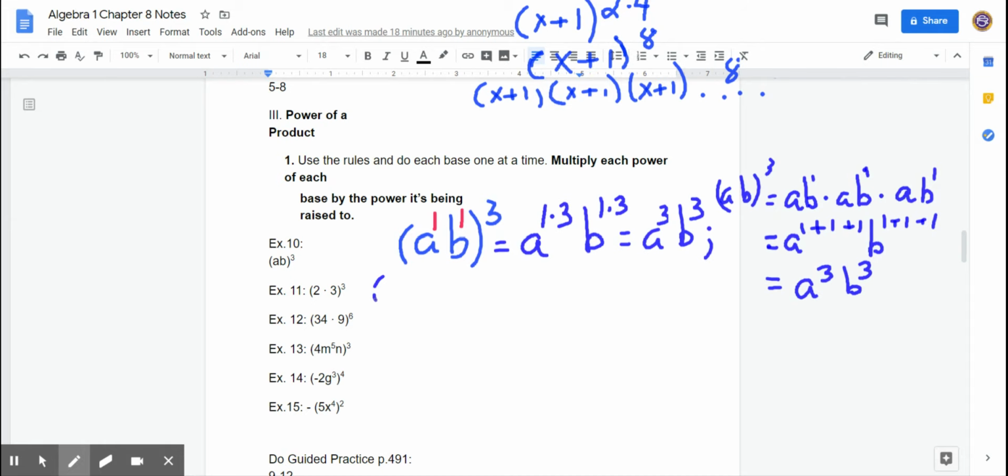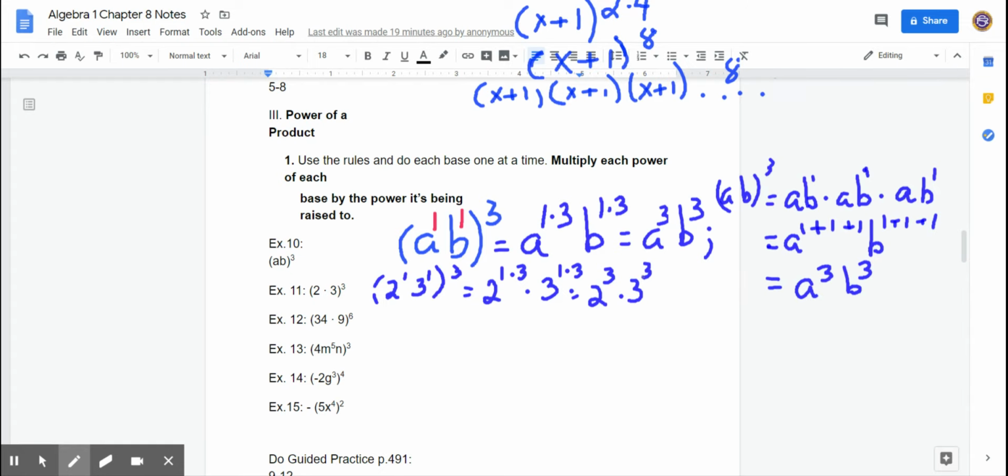So that's 2 to the first power, remember, and 3 to the first power. And that's being cubed. So it's going to be 2 to the 1 times 3, times 3 to the 1 times 3. That's going to be 2 cubed times 3 cubed.